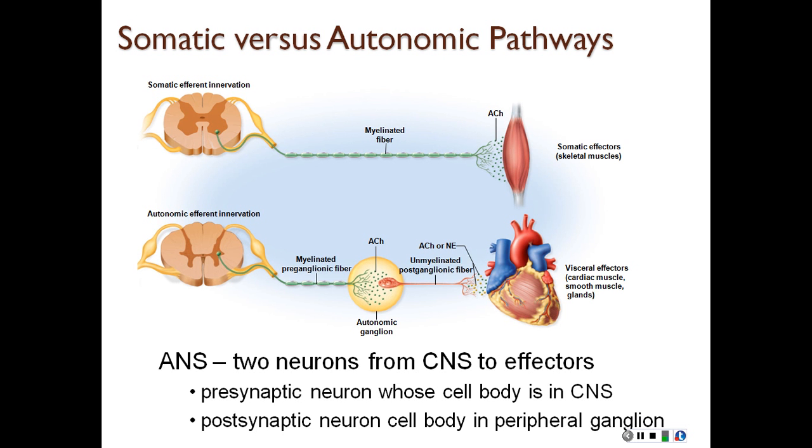This cell body is found in the ventral horn. But for the autonomic nervous system, the cell body is found in the lateral horn. Good. I don't really ask that on the test, but at some point in the future you all may need to know that. Just like you know the sensory neurons are in the dorsal horn, motor neurons in the ventral horn, and autonomic neuron cell bodies are in the lateral horn.